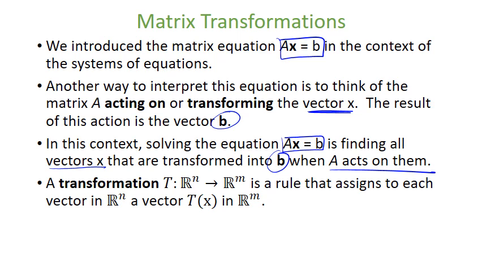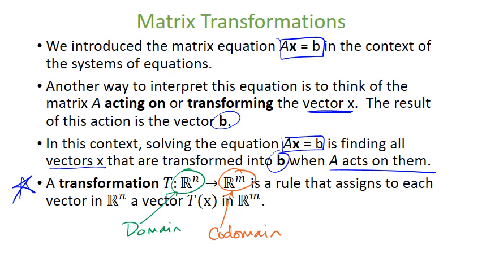So we have this fancy notation here, and I think the book gives a good description of it. But a couple things about this. Rn is the domain, and Rm is referred to as the codomain.